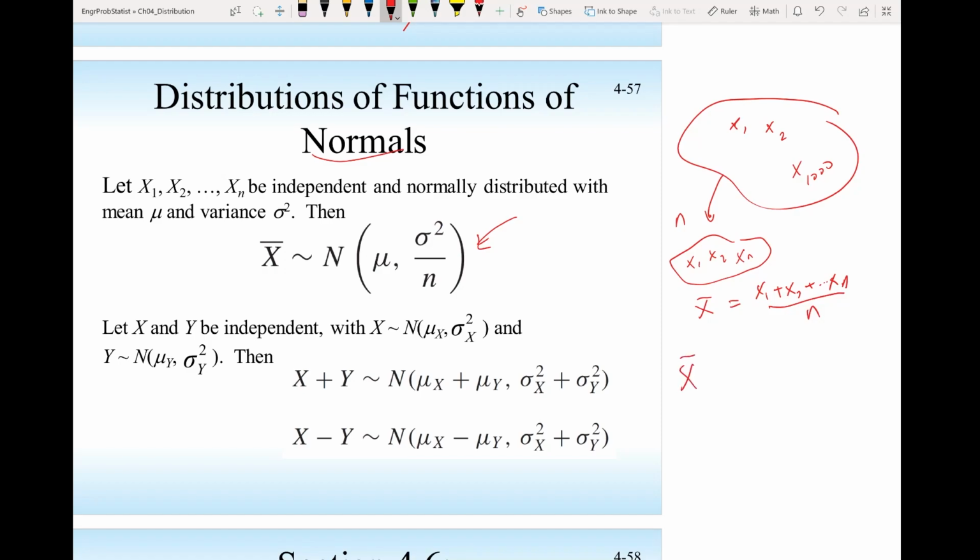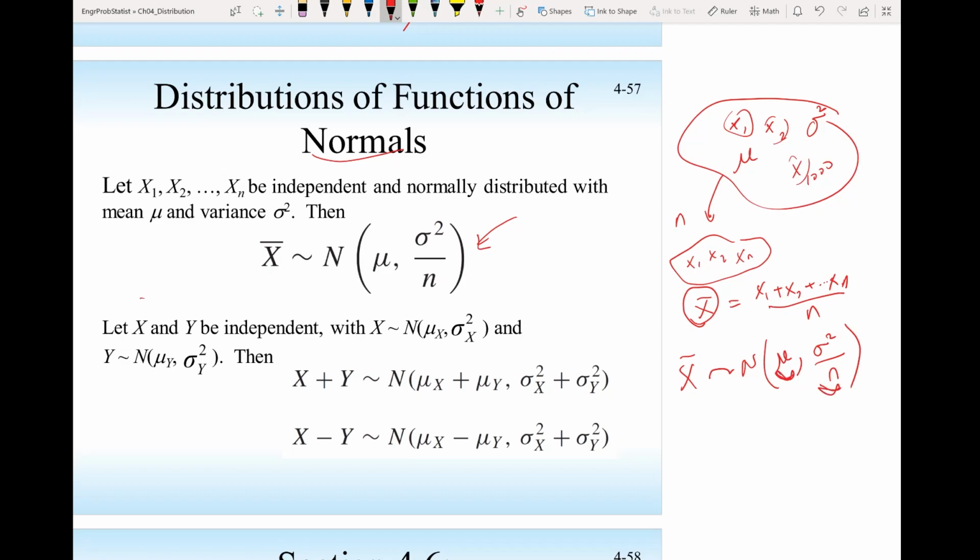Now x bar will have a normal distribution with the same mean as the population, or the same mean as each of these random variables, and the variance will be sigma squared over n, where sigma squared is the variance of the population. So now the sample mean is a random variable that follows a normal distribution with average mu and a variance, this one.